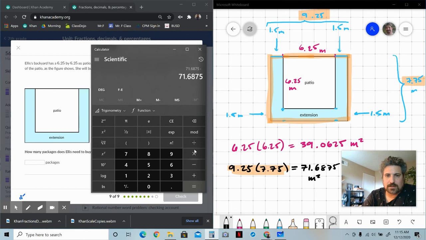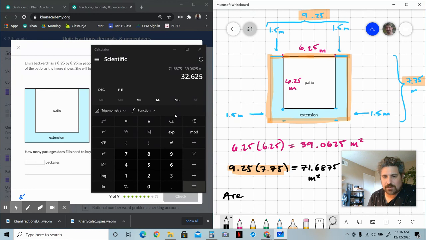And so 71.6875 minus 39.0625 is going to give you 32.625. So the area of the extension is going to be 32.625 square meters. That's the amount of area of the extension that she needs, 32.625 square meters.